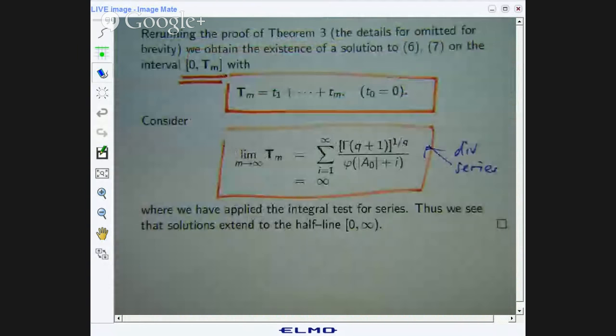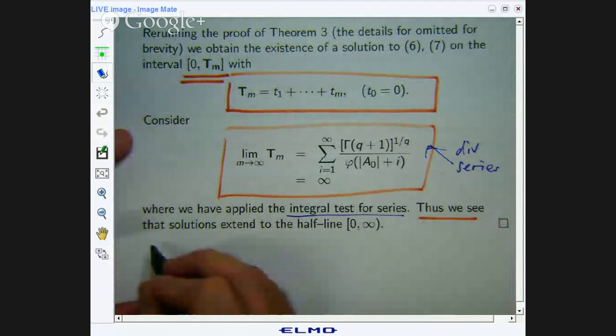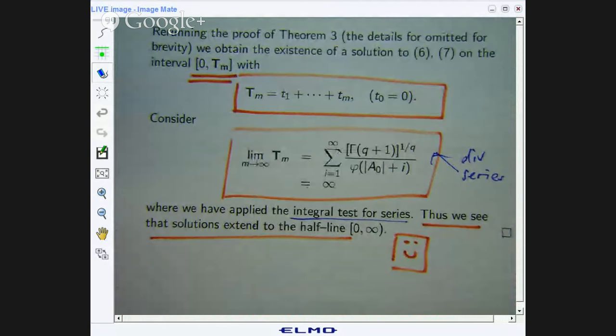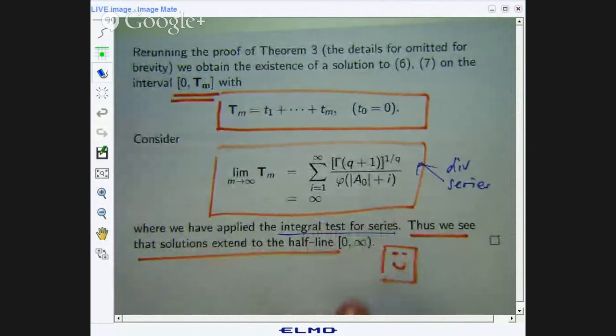So we've just applied the integral test to a series. So the conclusion is that solutions to the autonomous initial value problem extend to the whole half line. Okay, so if you're looking for something to do, you can try to fill in the gaps of the proof for that particular case. Let's do an example.